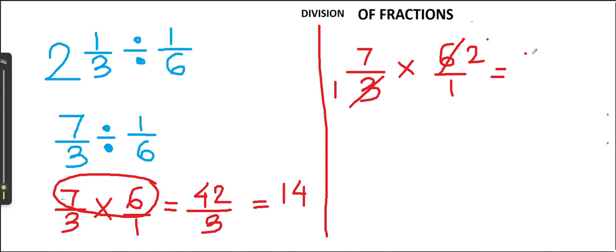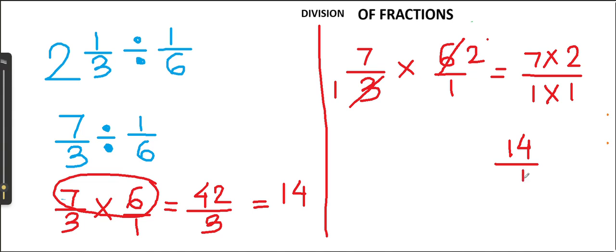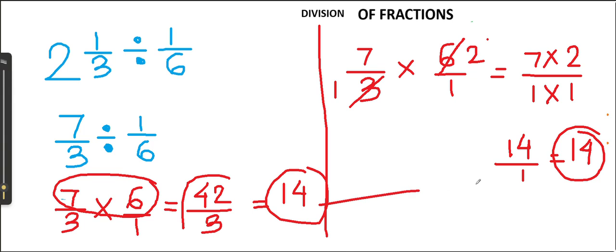So that would be 7 times 2 divided by 1 times 1. 7 times 2 is equal to 14 over 1 is equal to 14. That is the final answer when it comes to the simplification within the question or without the question. It comes to the same answer, as you can see.